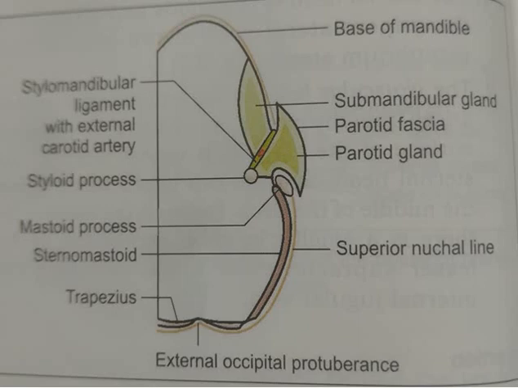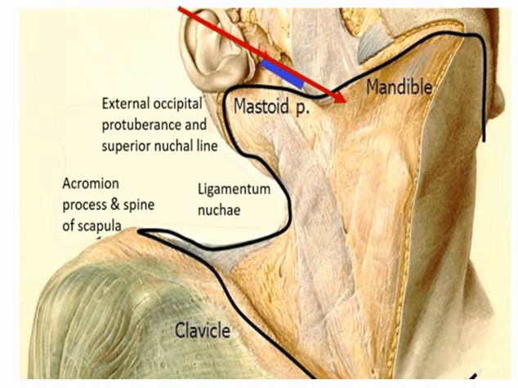So if we see the figure, the dissected part, the investing layer is attached superiorly to the mandible, then from the angle of the mandible to the mastoid process, and from the mastoid process to the external occipital protuberance and the superior nuchal line. So this is the superior attachment of the investing layer of the deep cervical fascia.